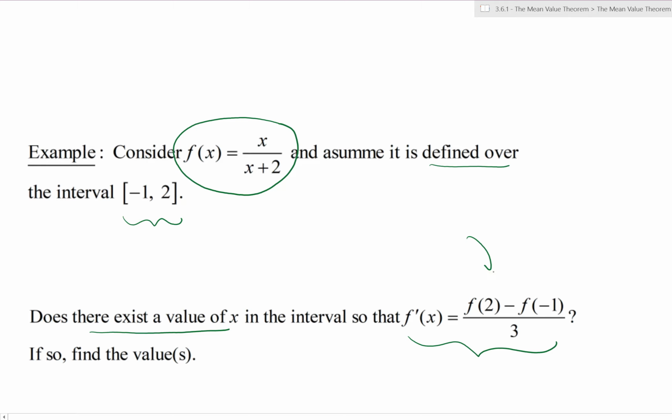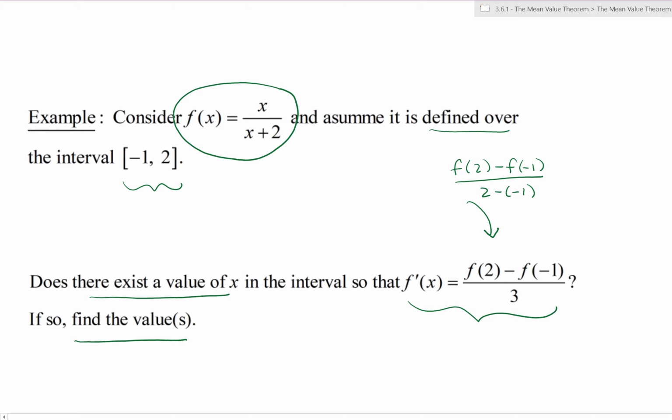Note that's the same thing as f of 2 minus f of -1 over 2 minus -1. So really what we're asking is, does there exist some value of x within the interior of this interval so that the function's derivative is equal to its average rate of change over this particular interval? So the question is, does there exist this value? And if so, we would like to find the value, or maybe there's more than one value.